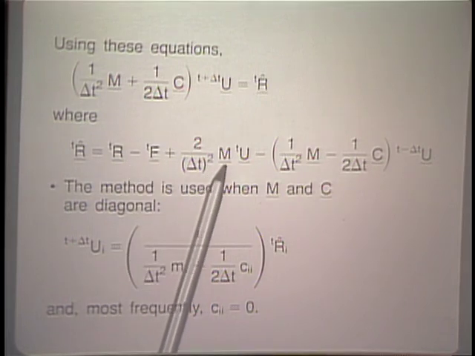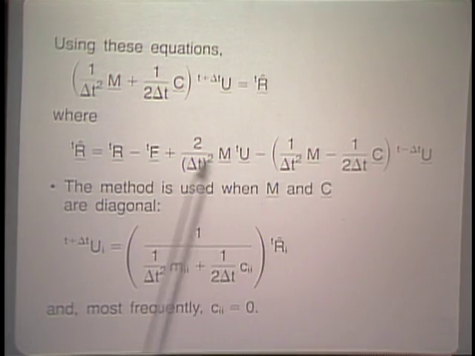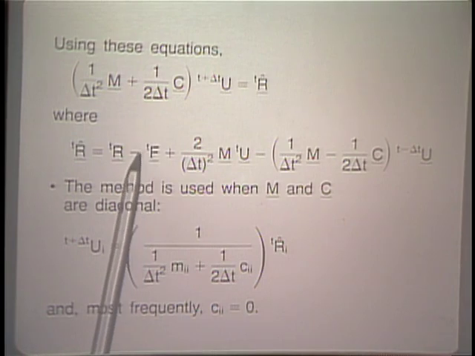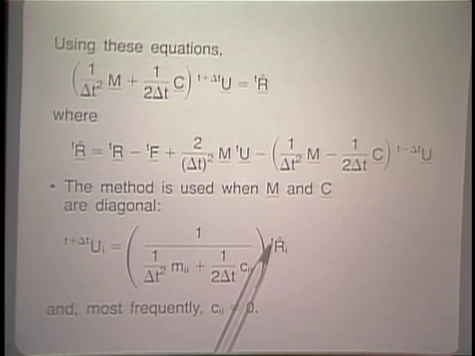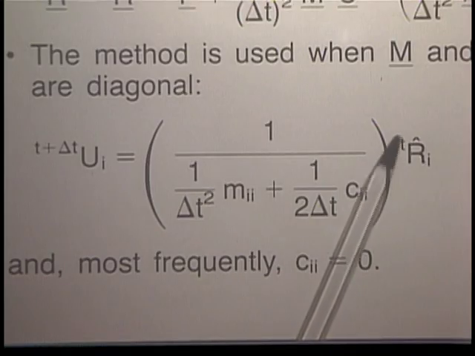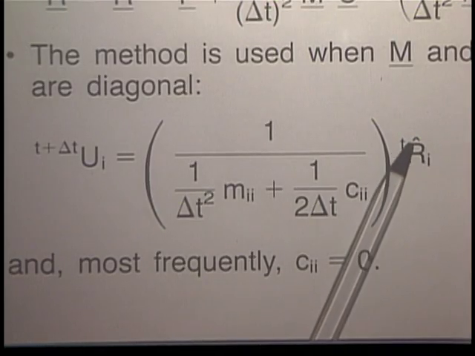In other words, although m and c are diagonal, there is some coupling from equation j into equation j minus 1 and into equation j plus 1 right here on the right-hand side, because the element contributions overlap the degrees of freedom. And therefore, this here is where the element coupling at the nodal points enters.